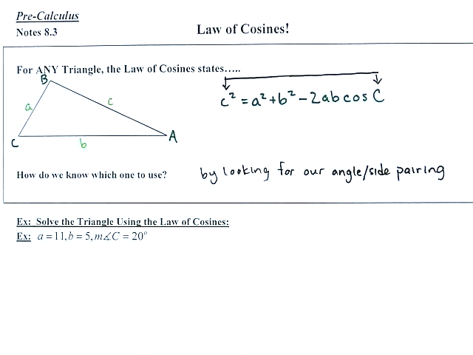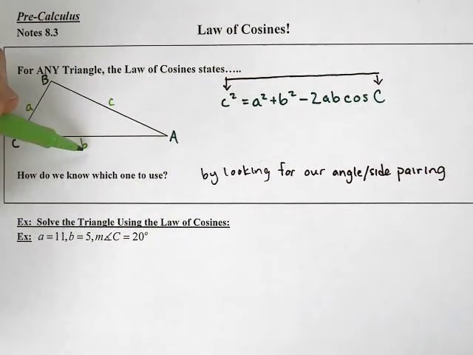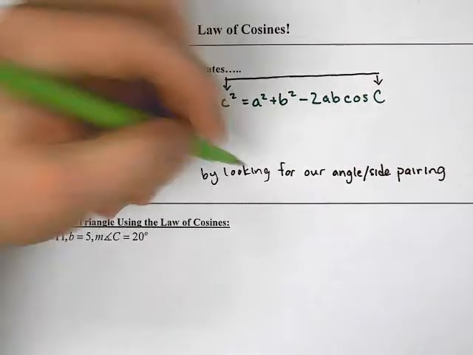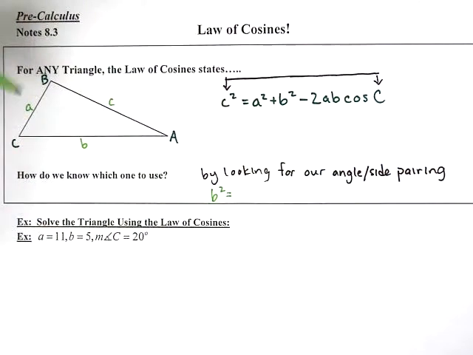Alright, and then what do I mean by that? Well, let's say we were looking for angle B instead, right? Well, I could rewrite this a different way. If I was looking for angle B, well then I would want B squared to be on the side by itself, right? So I could write B squared is equal to, and then I would just use the other sides.